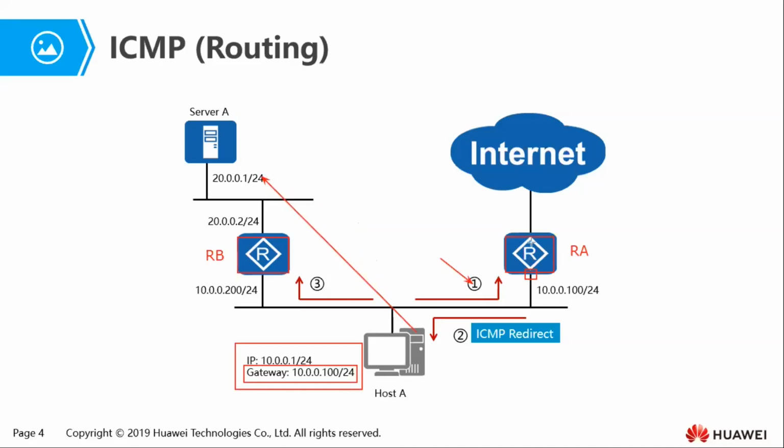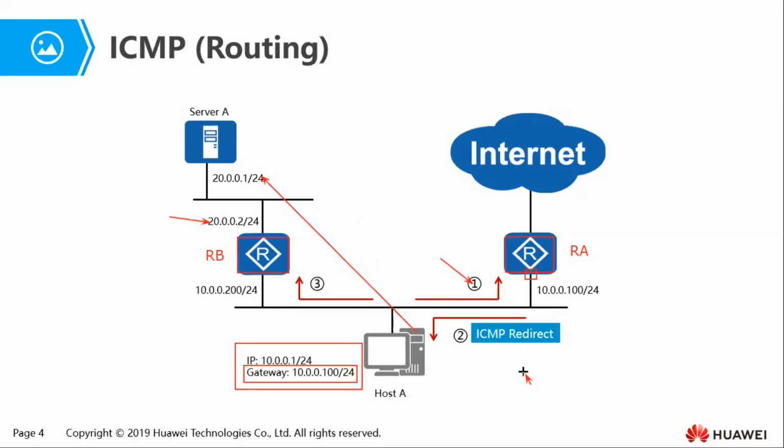So when this router receives it, in his routing table, we are going to learn about routing tables, he knows that this network is actually within our internal network. So really, you don't have to go to the internet to get this guy.